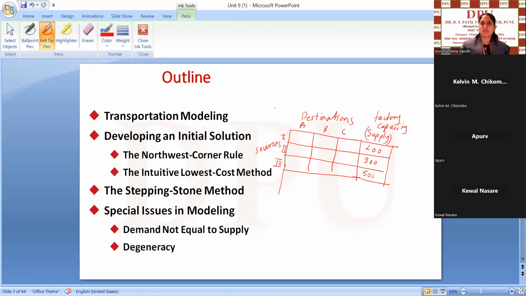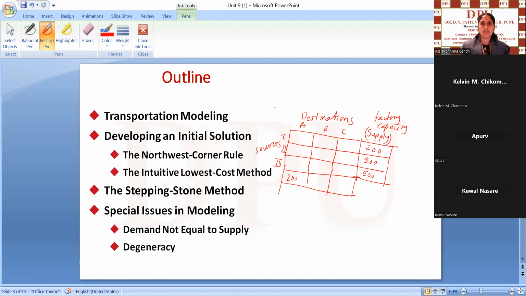Sources means the factories: they have 3 factories, 1, 2, 3, located at 3 places. The first factory capacity is 200, the second is 300, and the third is 500. They have destinations A, B, C, and the requirement at destination 1 is 200 units.